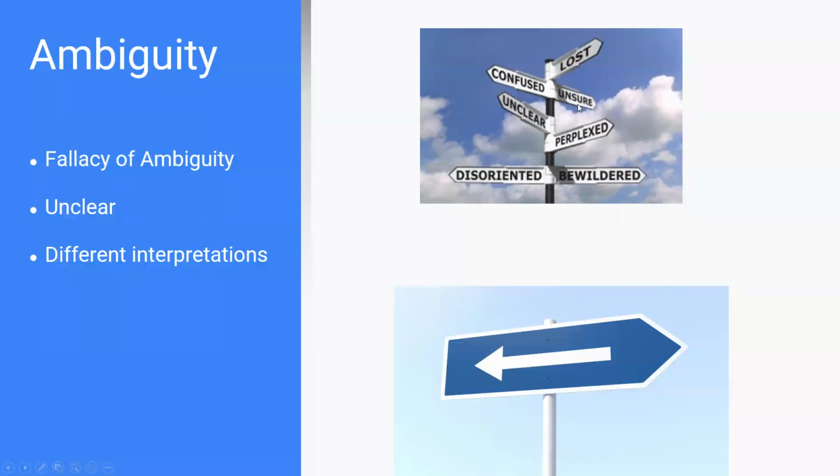Moving on, we have ambiguity, which of course would be classified as a fallacy of ambiguity. By definition, ambiguous means unclear and can result in different interpretations. Oftentimes we see this in politics, where a question is asked and the president says, okay, I will take action.